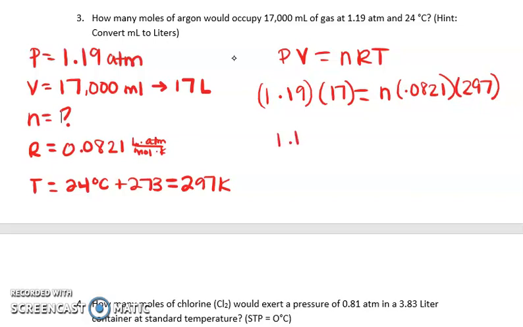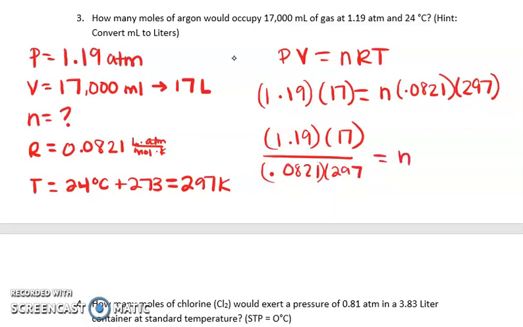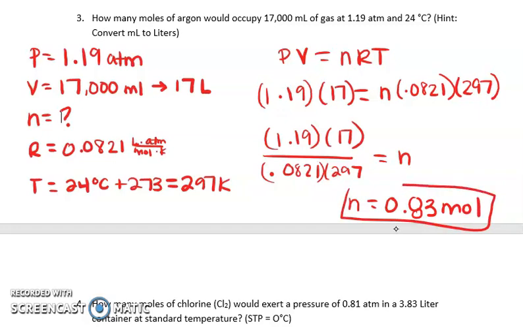I'm going to get 1.19 times 17 divided by 0.0821 times 297 equals N, the number of moles. When I solve all of those numbers, it's 0.82965, but I'm going to round that off to 0.83 moles. So that is my final answer in terms of moles.